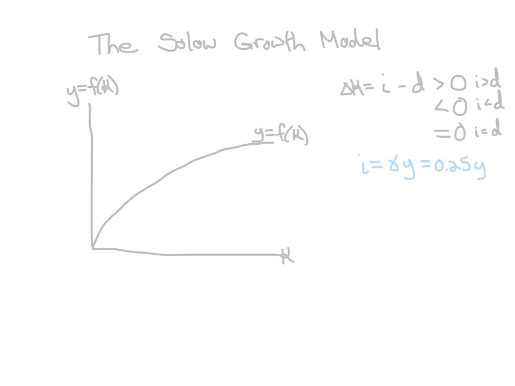So the y here, output per worker, this is just this line here. So if we're taking a constant fraction of that entire line of output per worker, it's just going to be a line that is a little lower, 25% the amount of the output function that we drew initially.